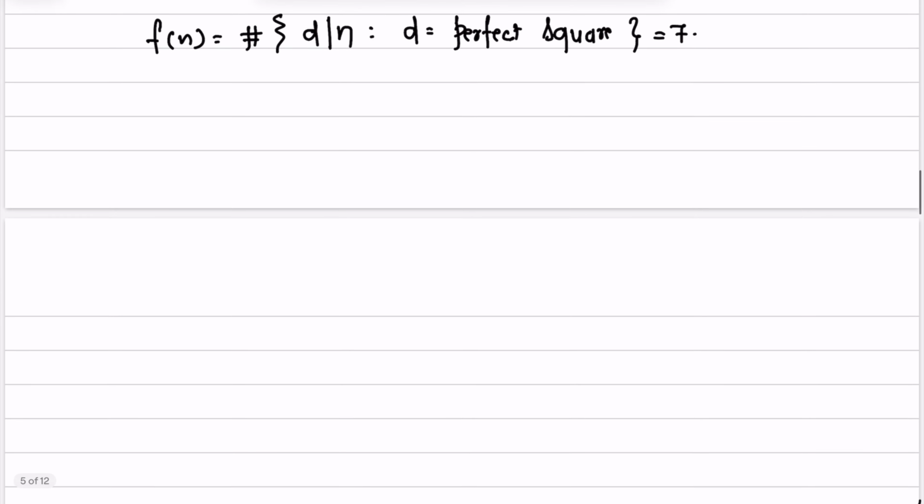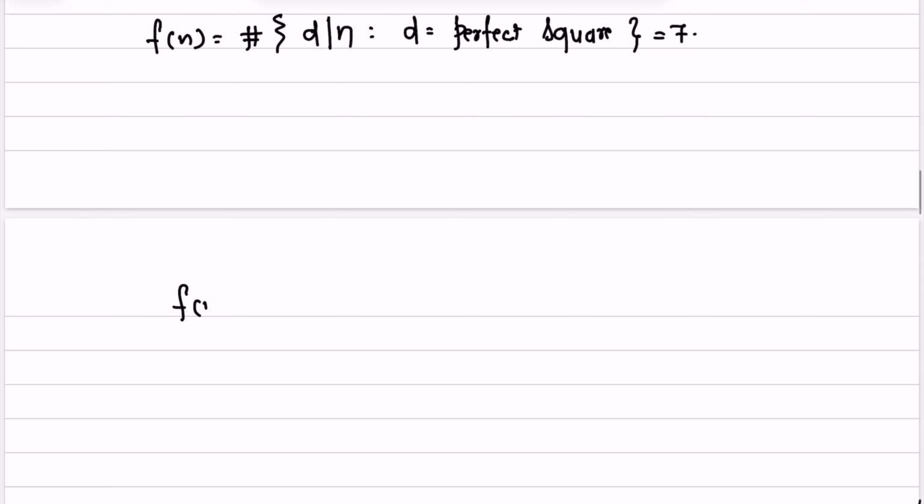We have defined what n is and what d is. From the definition of n and d, we can find out that d is a perfect square.